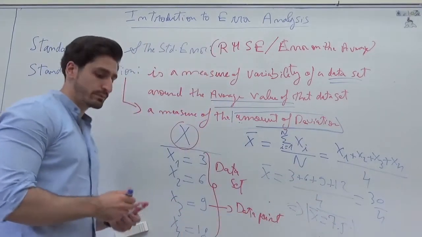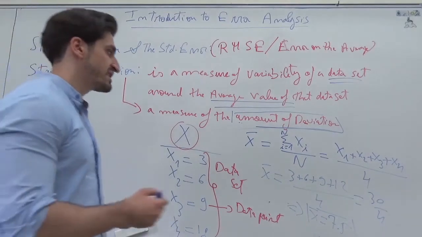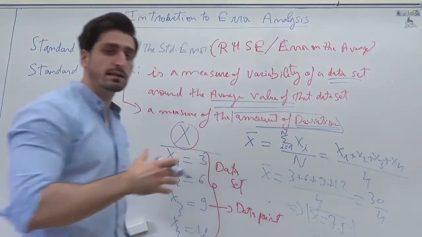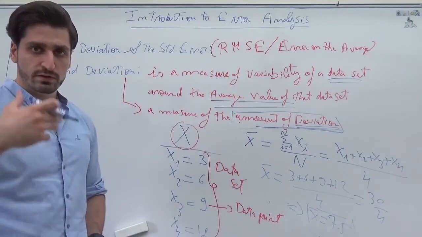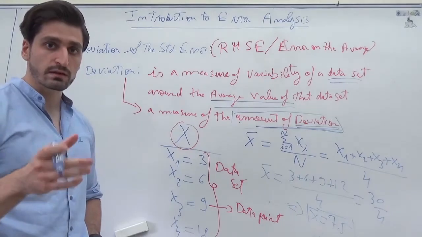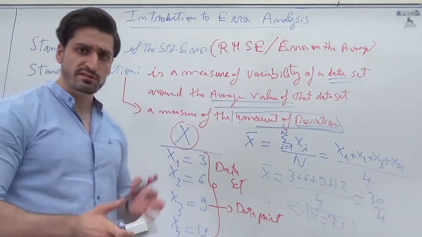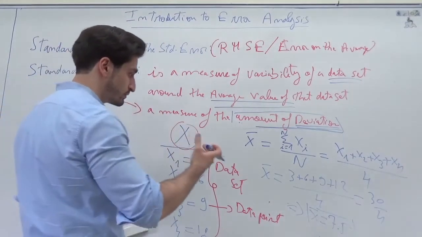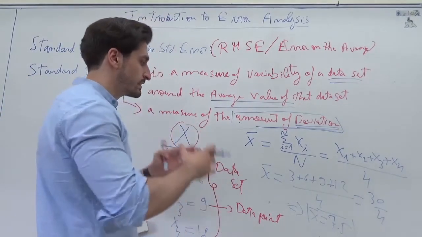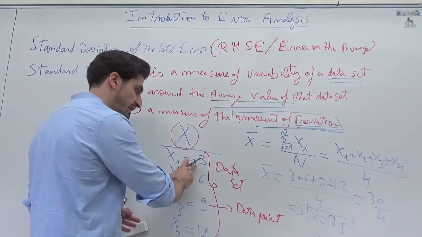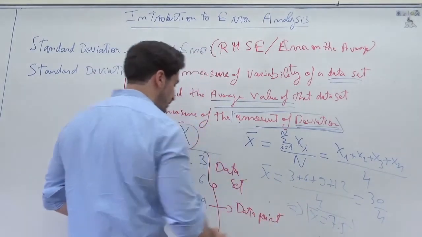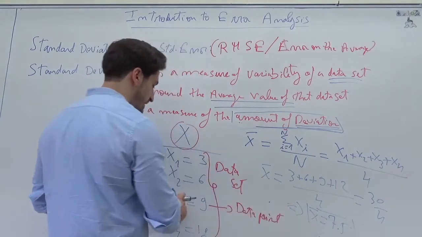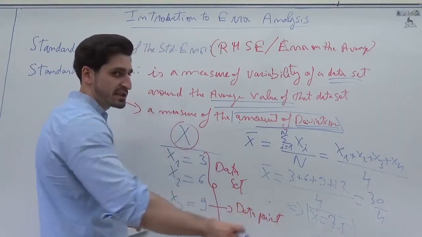When we say the term deviation, the very first thing that comes to mind is the difference, either between two values or two sets of values. So next we are going to find the differences between each data point and x bar, meaning the difference between x1 and x bar, then x2 minus x bar, then x3 minus x bar, then x4 minus x bar, etc.